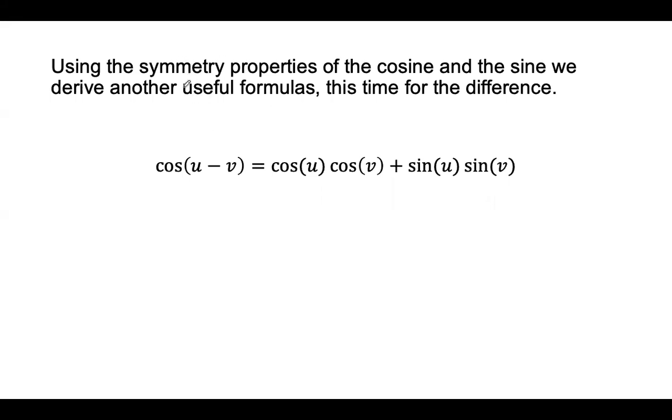Now we can use symmetry properties of the cosine and sine to derive other useful angles, such as the difference between two numbers.